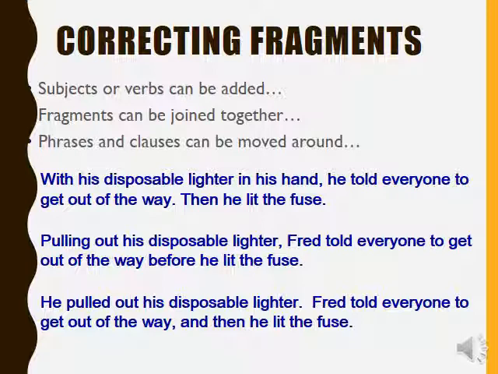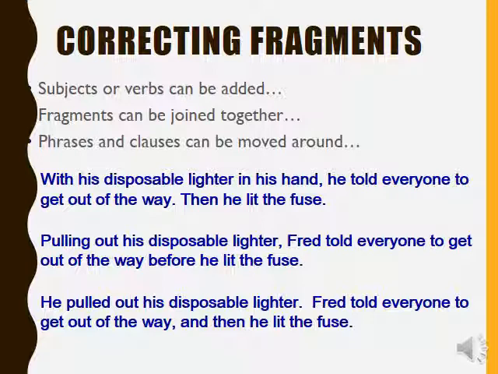Let's look at the examples. With his disposable lighter in his hand, he told everyone to get out of the way. Then he lit the fuse. This is the first sentence. Pulling out his disposable lighter, Fred told everyone to get out of the way before he lit the fuse.